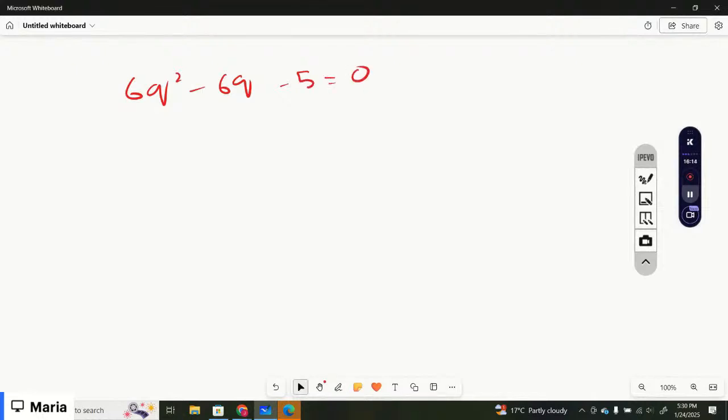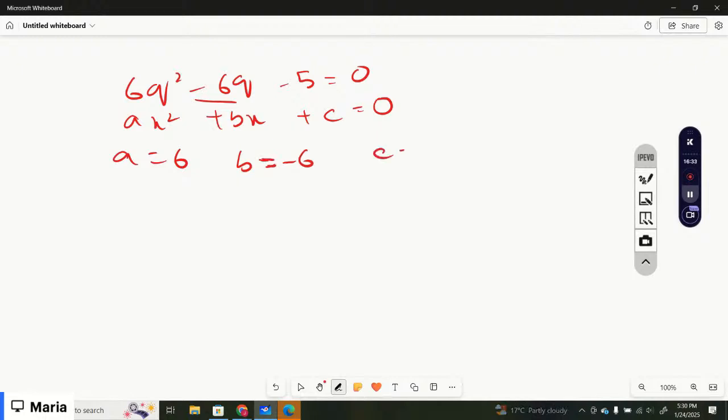Let's just compare this equation with the general form of the quadratic equation, that is ax square plus bx plus c equals 0. So we have a equals 6, b equals -6, c equals -5, right? Now just put all the values in the quadratic formula.